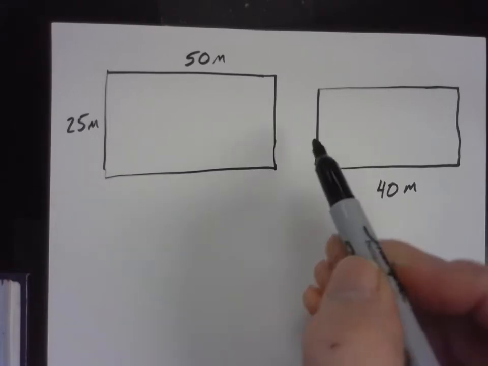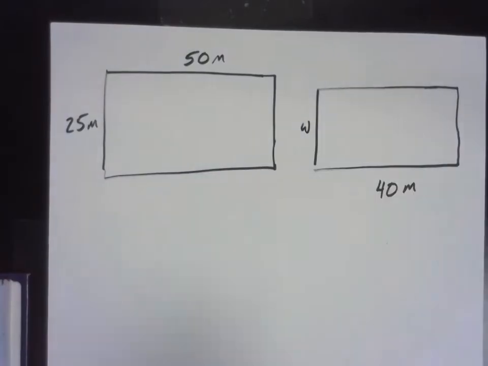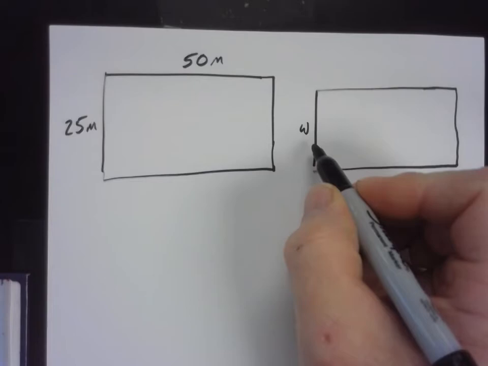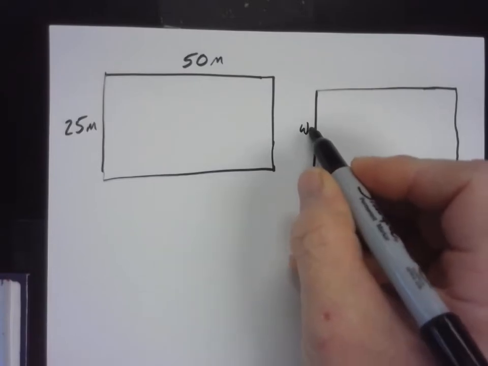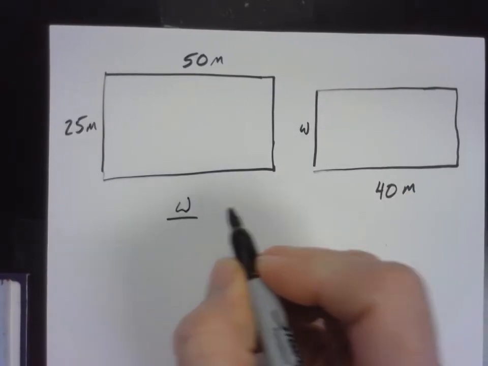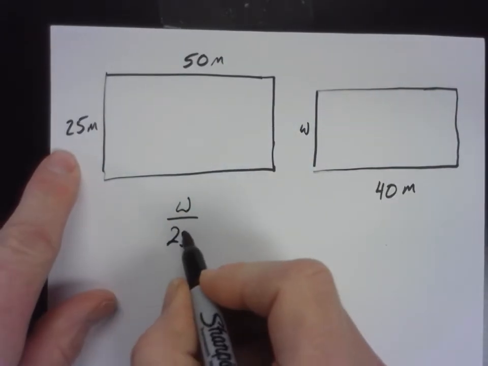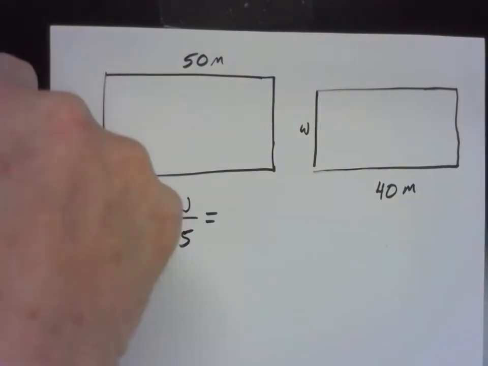Gosh, how long or how wide is this pool going to be? Is it 20 meters? Yes. I think so. And if we work it out, I would always start with what I'm looking for. Okay, so I'm looking for this width. And then it corresponds, so this width over this width, what does it correspond to? And then I think about, okay, what's the key to my problem?